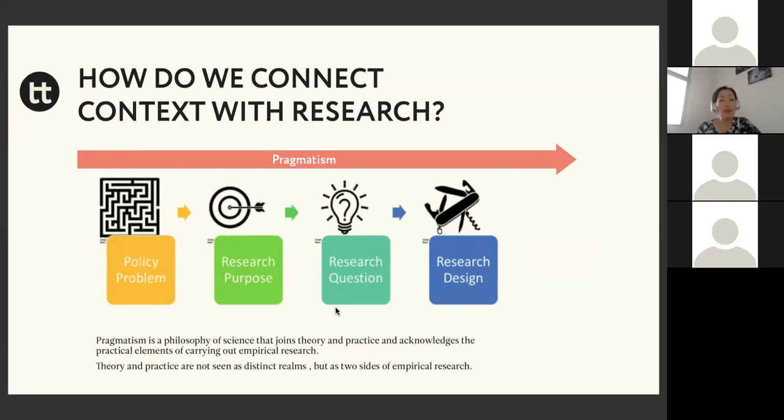When we're talking about being pragmatic in doing research, we mean that theory and practice are not seen as distinct realms, but they are the two sides of the same coin, right? And here we could even say that on the one side, we have this clarity of the policy problems and the research purpose, being the broader sense, and then the research question and the research design, being the most practical part, and these are the two sides of the same coin, right?